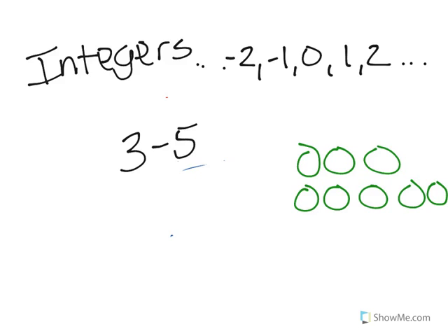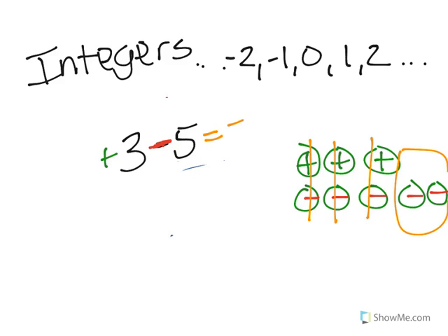Now my 3 here is positive because there's no sign written in front of it, so I know it's positive. But my 5 has a negative symbol in front of it, so I know it's negative. Now, the positive and negative cancel out. Whatever I'm left with is my answer, so my answer is -2.